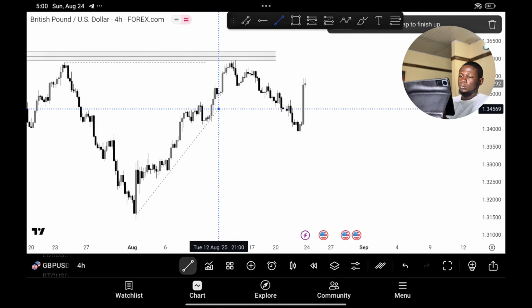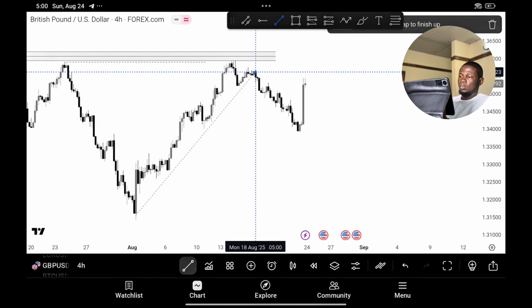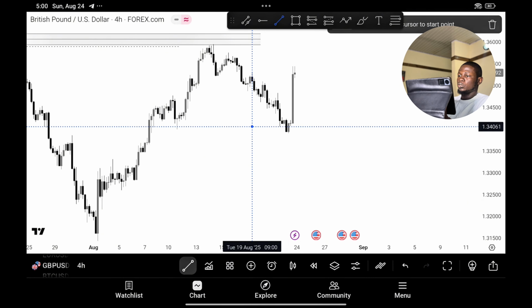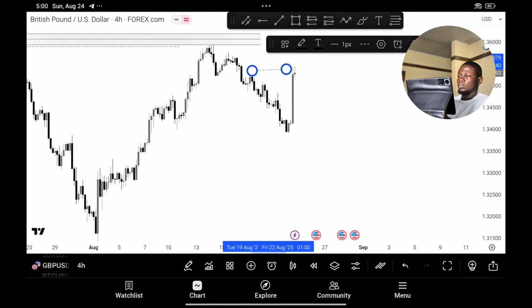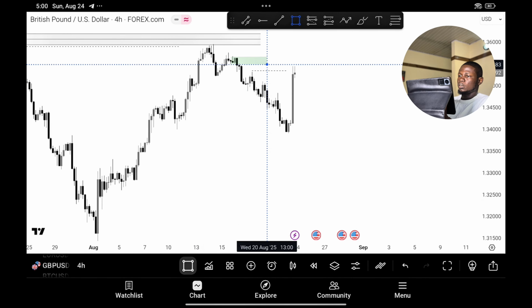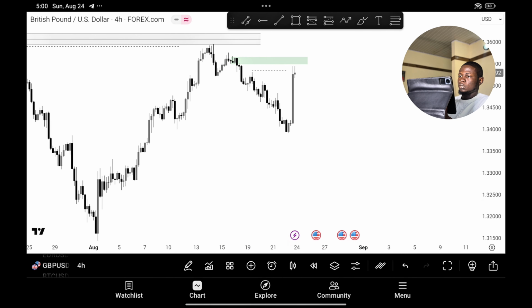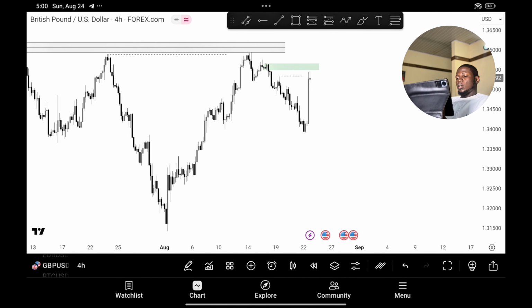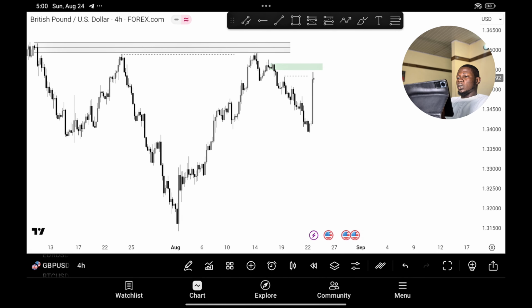This is a trendline. Let me call this an inducement. Then this is my order block. I'm looking to short GU from this angle.